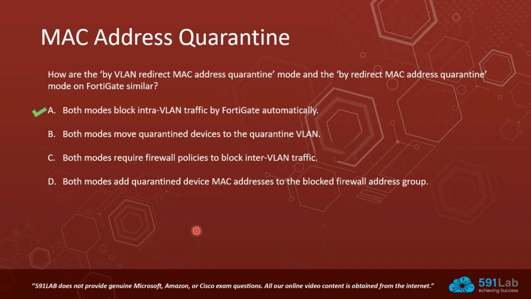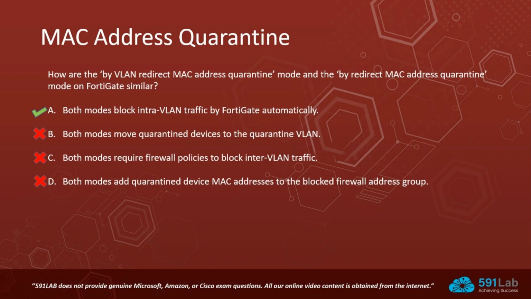Answer B. Both modes move quarantine devices to the quarantine VLAN. This answer is incorrect. Answer C. Both modes require firewall policies to block inter-VLAN traffic. No, this answer is incorrect. Answer D. Both modes add quarantine device MAC addresses to the blocked firewall address group.